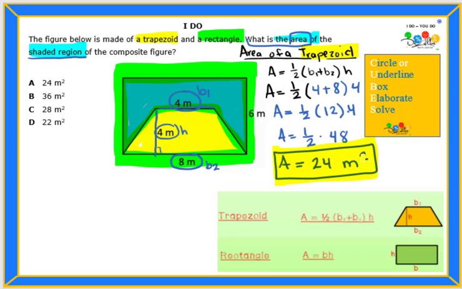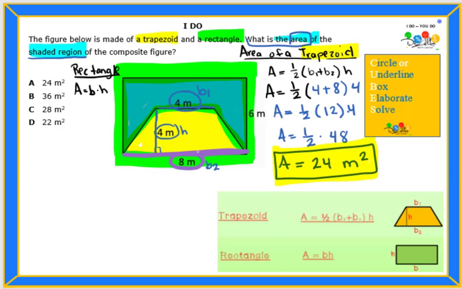And now we're going to find the area of the rectangle. So the area of the rectangle, according to our formula chart, is base times height. So we're going to substitute the dimensions of our figure into the formula. And when we look at the rectangle, the base is the same as the base of the trapezoid. So our base is 8.